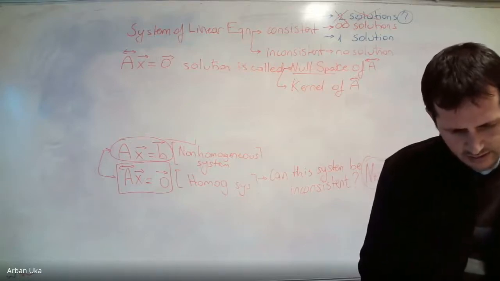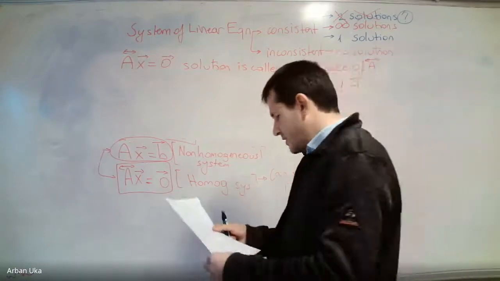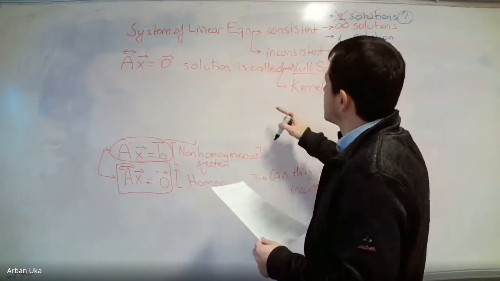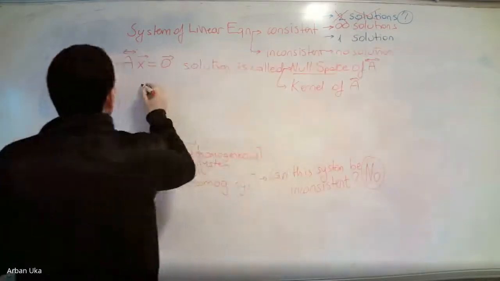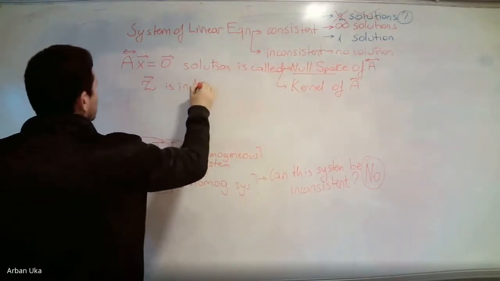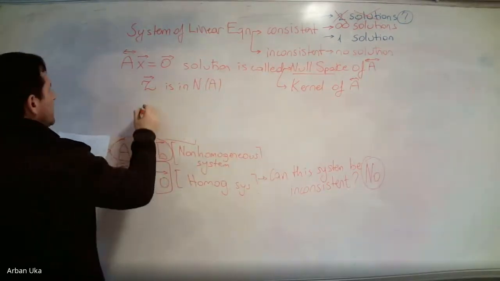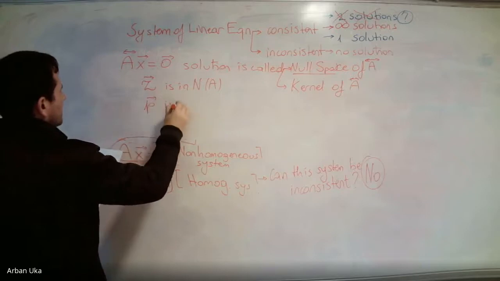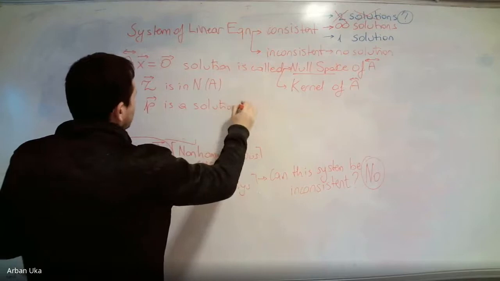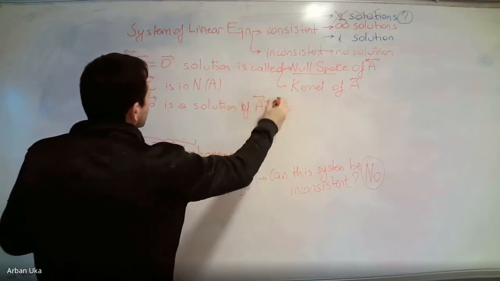So this is the null space of A, and then let's assume that Z is in the null space of A, and then P is a solution of AX equal to B. Okay, so this is just one solution.